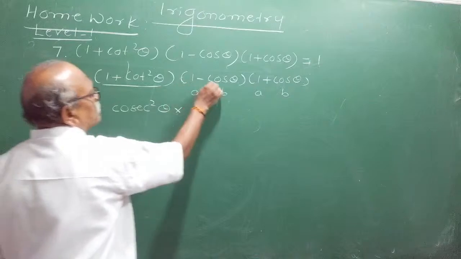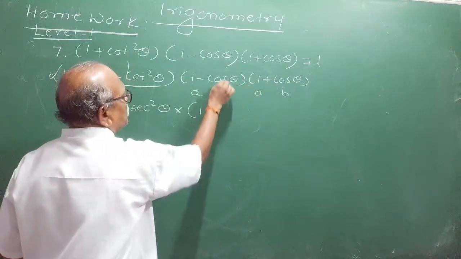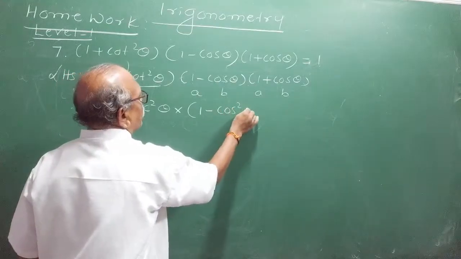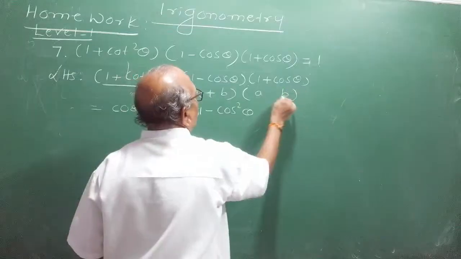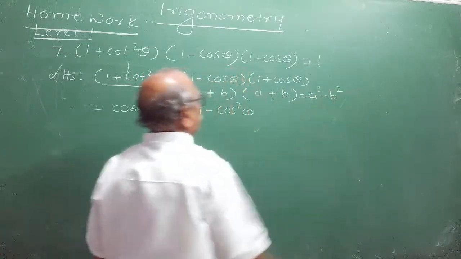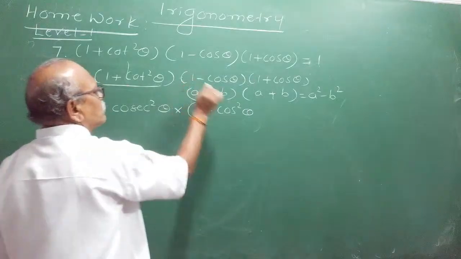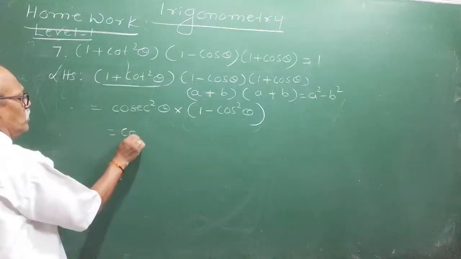See, (a minus b) into (a plus b) again is a square, 1 square minus b square, which is cos square theta, because (a minus b) into (a plus b), you studied the identity a square minus b square. Use it. A is 1 here, 1 square minus cos square theta.